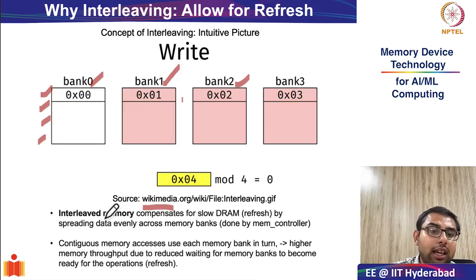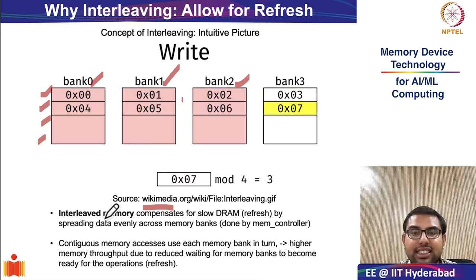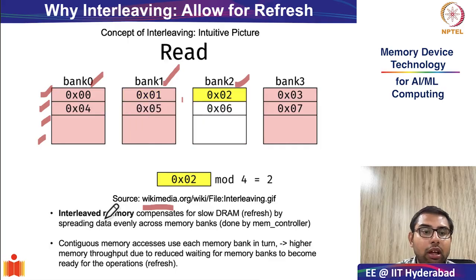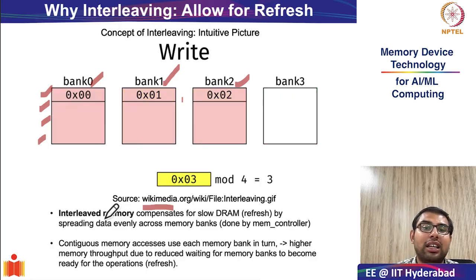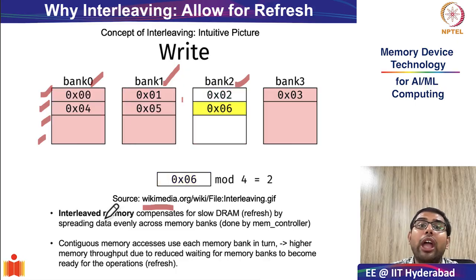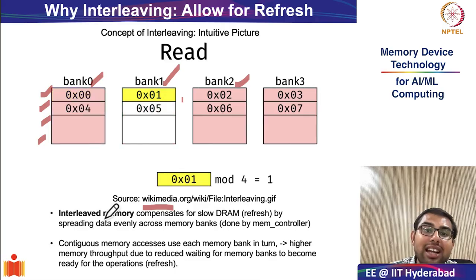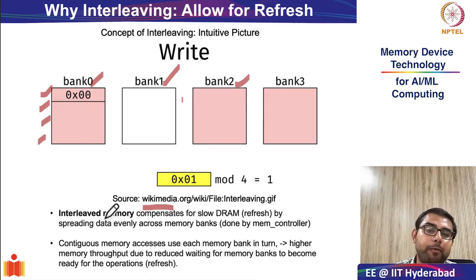More importantly, by spreading out the contiguous memory accesses, both in read and write, the throughput of your memory becomes larger because your wait times are significantly reduced. So using this concept of interleaving, we are able to improve the throughput at the bank level. So I hope you have understood this very interesting concept of interleaving and why banks are very important.